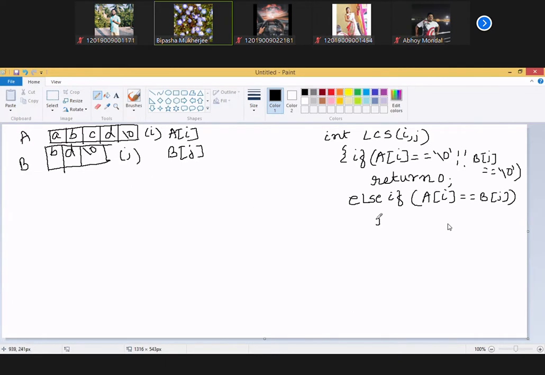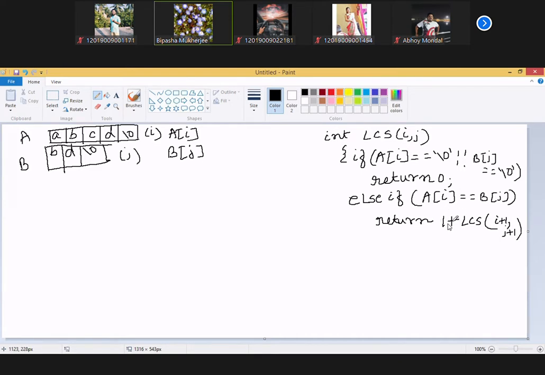Then it will return 1 plus LCS, this is the function name basically, i plus 1, j plus 1. So what we are doing, if the string is matching, then why this one?